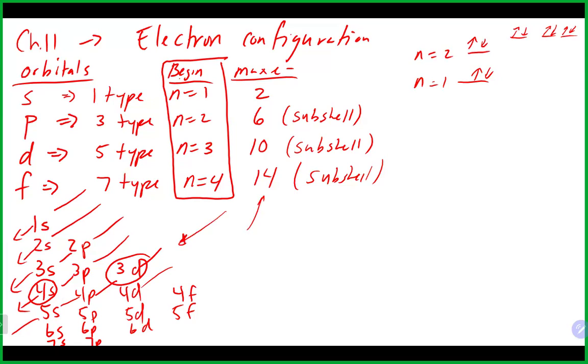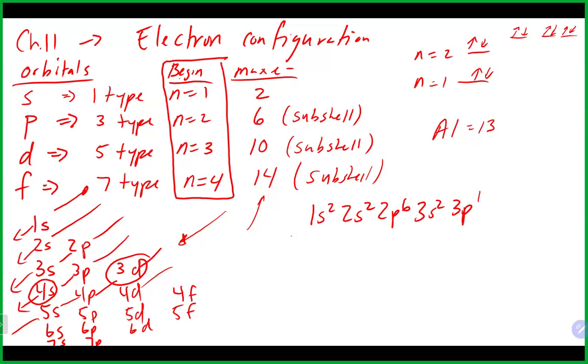And remember, if you had something like, say, aluminum, 13, we would start up here at the top. It would be 1s2. Then we zigzag back to 2s2, 2p6, 3s2, and 3p1.